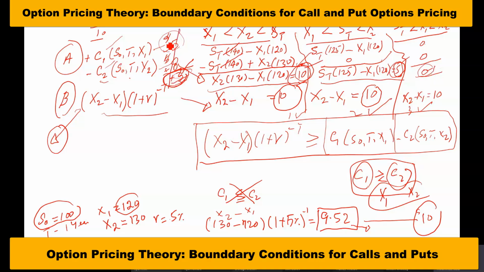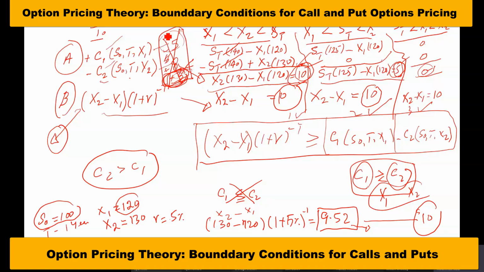So this cannot be the case, because if C2 is greater than C1, what will happen? Arbitrage. I will pocket money upfront, and there is no chance of me losing money. So in derivatives, whenever you have such a situation where there is no chance of losing money in the future payoffs, you must have negative cash flows upfront.